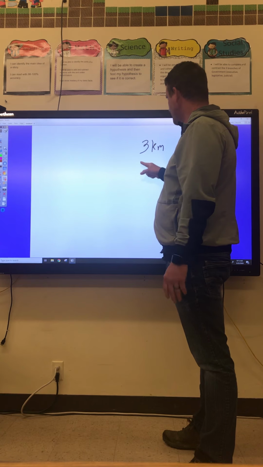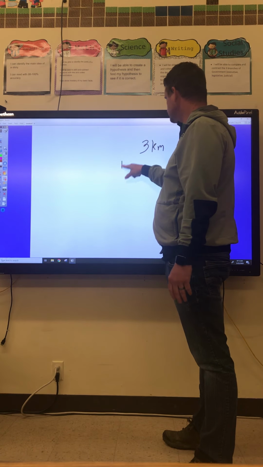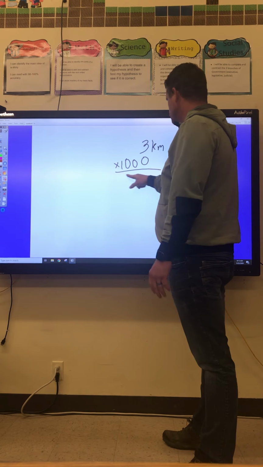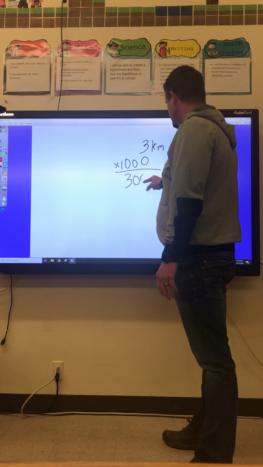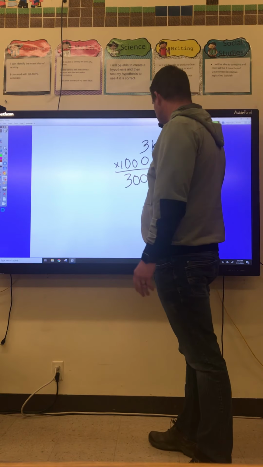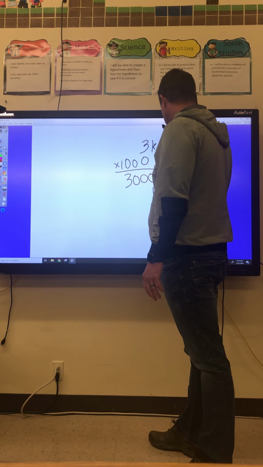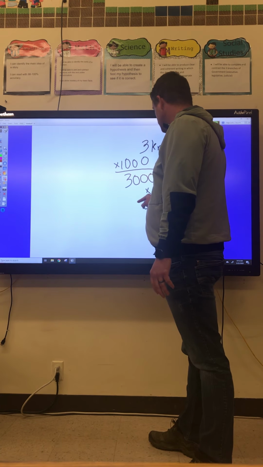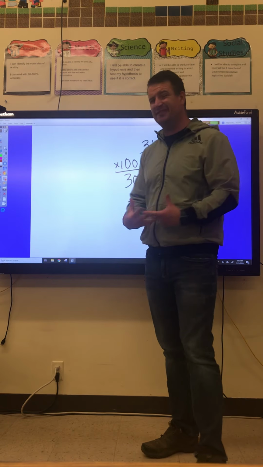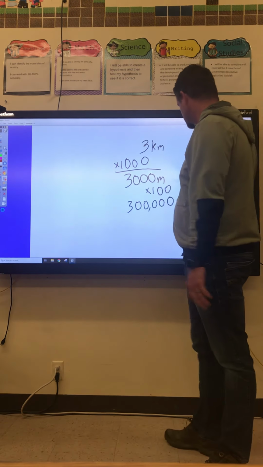So we have 1,000 meters in each kilometer, so that equals 3,000. That's how many meters we have. We're trying to find out how many centimeters, so we times 3,000 times 100, and we get 300,000 centimeters for 3 kilometers.